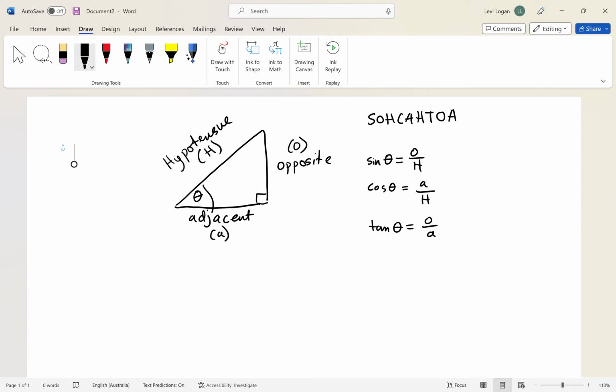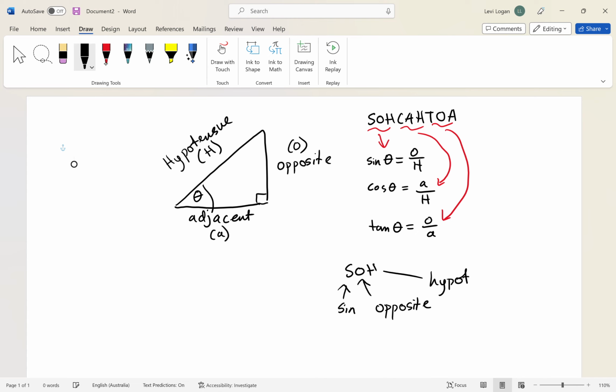If you remember this acronym, basically, it corresponds to each of the corresponding trigonometric ideas. So SOH: the S means the sine, the O means the opposite, and the H means the hypotenuse.